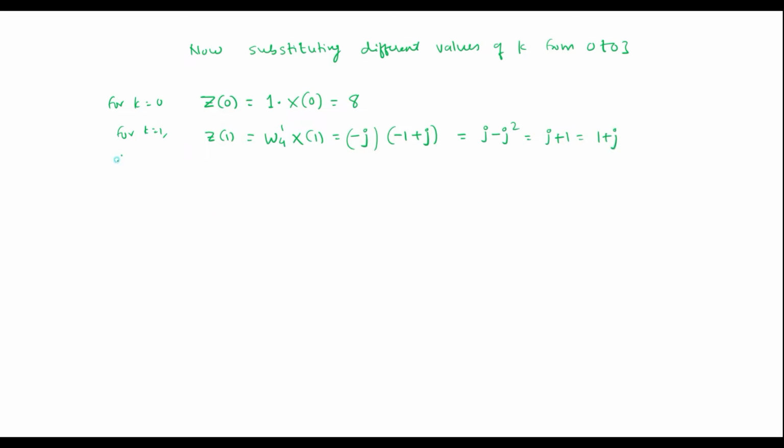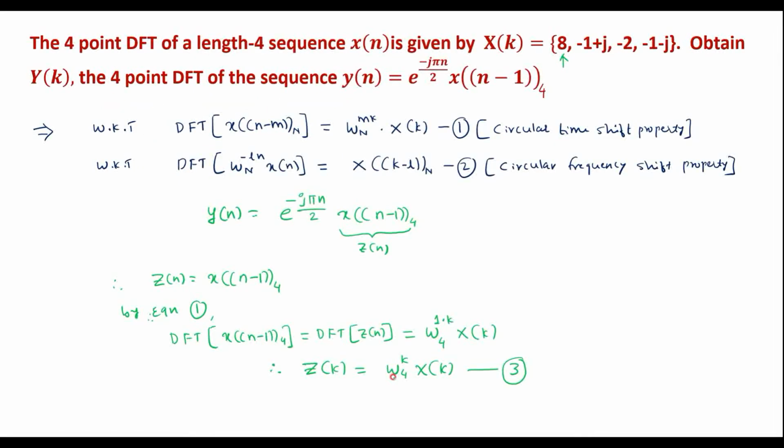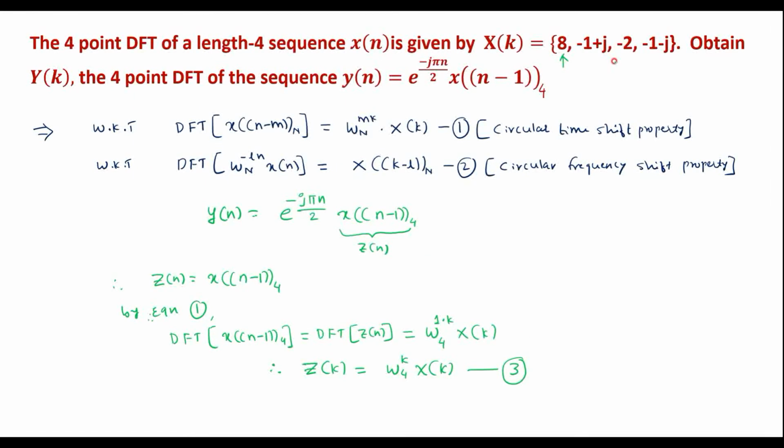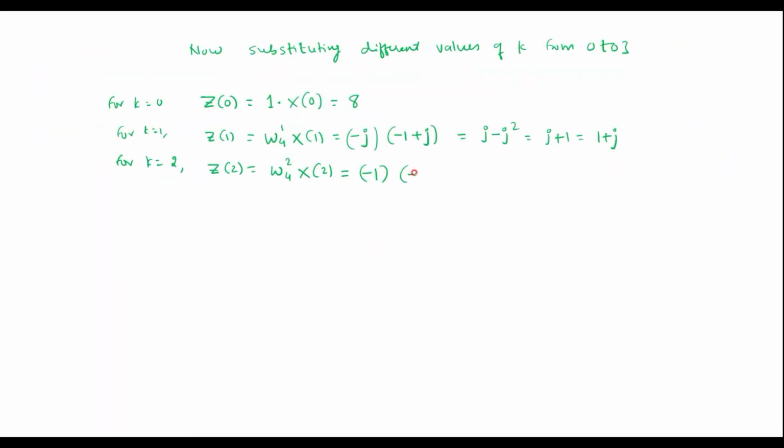Similarly, for k equal to 2, z of 2 is equal to W4 power 2 times X of 2. W4 power 2 value is minus 1, and X of 2 is minus 2, so z of 2 is 2. For k equal to 3, z of 3 is equal to W4 power 3 times X of 3.